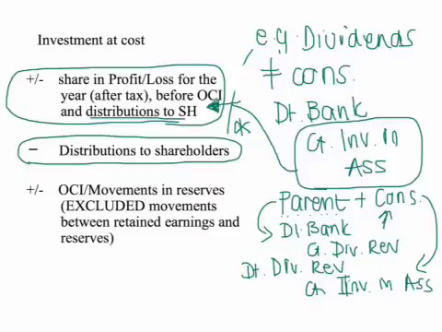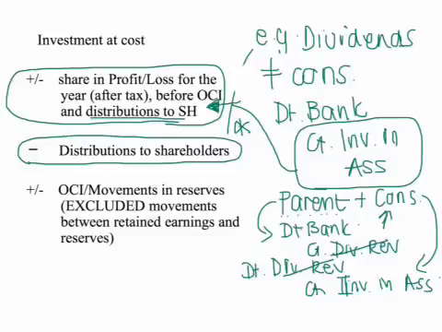So as you can see, the net effect of the entry on consolidation is to eliminate our dividend revenue that we've recorded in the parent company's accounting records, and we sit with the same journal again.